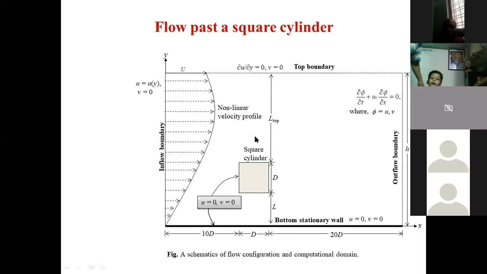This is my computational domain, bounded only from this bottom wall, and the others are open. I am using CFD to find the effect on this square cylinder due to its position with respect to this stationary bottom wall, and due to this inlet velocity profile.